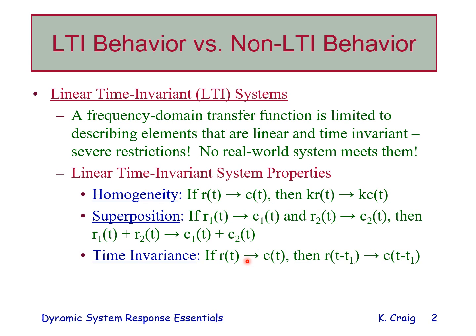That's superposition. Lastly, time invariance. If you apply an input at time t, you get a response, C, at time t. If you delay the input by a time t1, then the output will get delayed by a time t1. That's called time invariance.